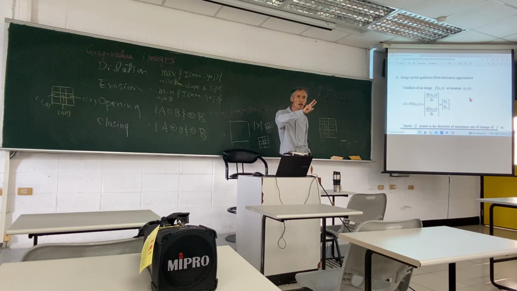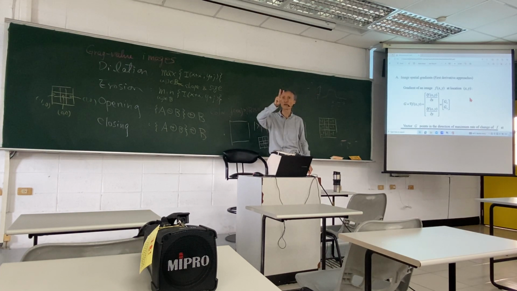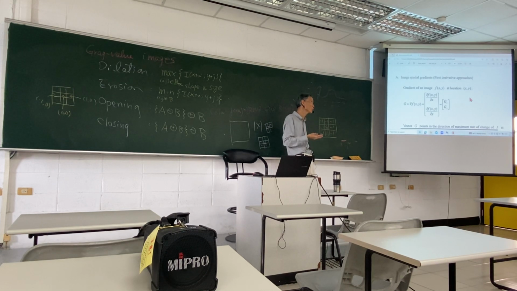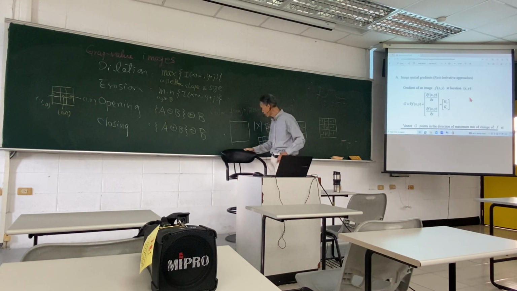The other one is the direction. Whenever we talk about a vector, there are always two things: the length of the vector and the direction of the vector. So a vector provides additional information other than the magnitude. It will also give you the direction.